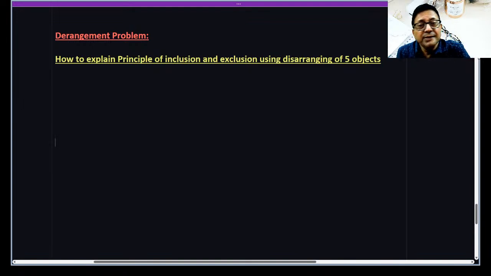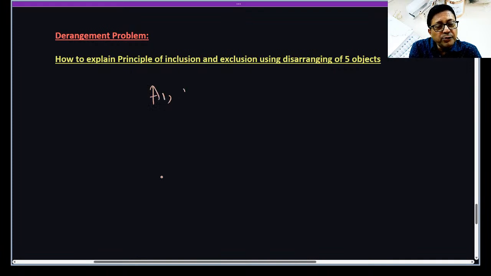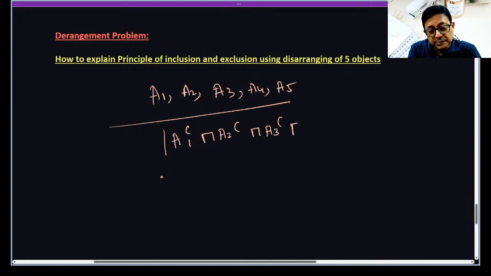But this time, if you have taken the sets in this manner, A1, A2, A3, A4, A5, remember you are going to find the cardinal number of this thing.